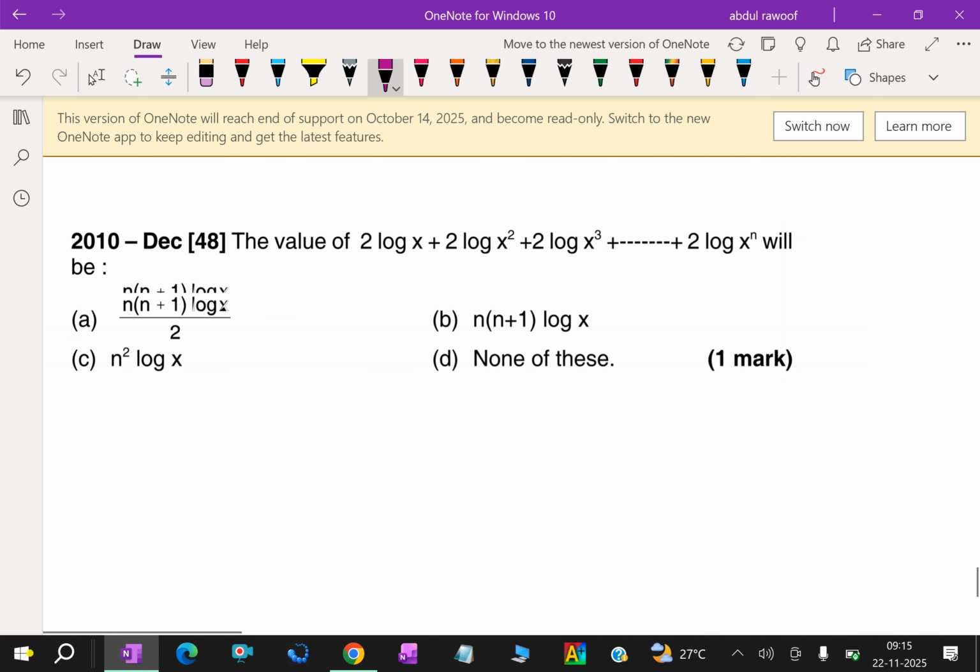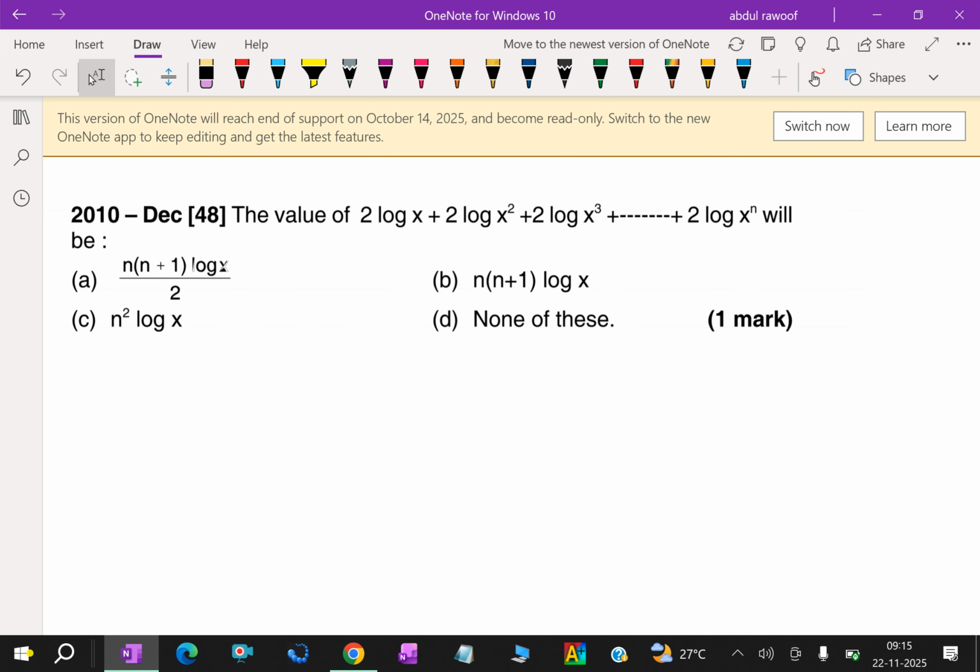Next question. The value of 2 log x plus 2 log x squared plus 2 log x cubed plus continuation up to 2 log x power n. The value of this thing is, but here 2 is everywhere, so take 2 out.